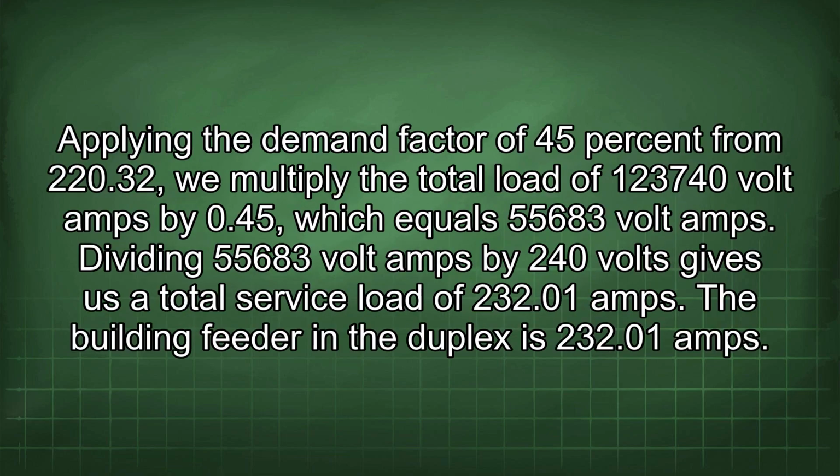Applying the demand factor of 45% from 220.32, we multiply the total load of 123,740 volt amps by 0.45, which equals 55,683 volt amps. Dividing 55,683 volt amps by 240 volts gives us a total service load of 232.1 amps. The building feeder in the duplex is 232.1 amps.